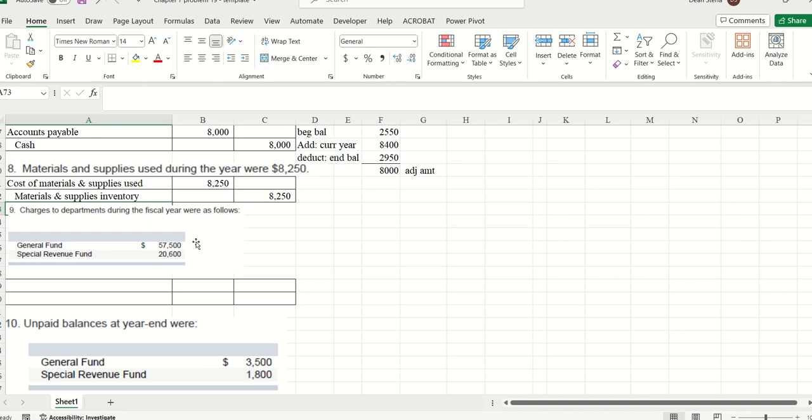Okay, and all we're doing is adjusting that to the correct amount that it should be.